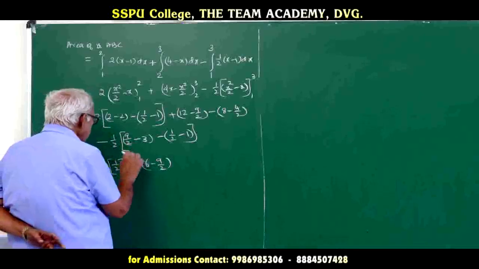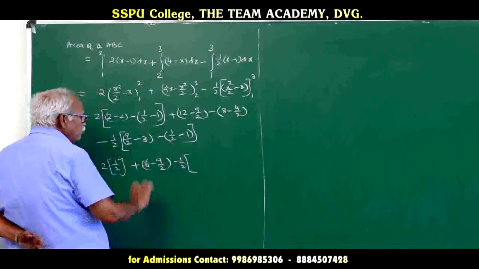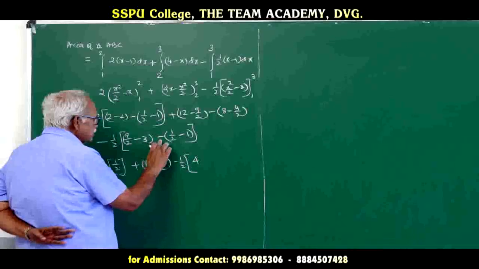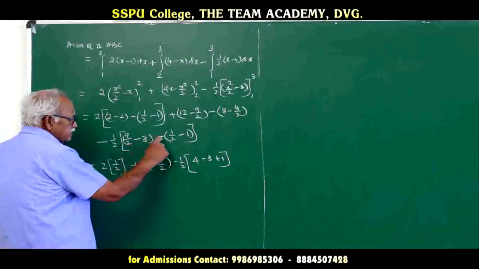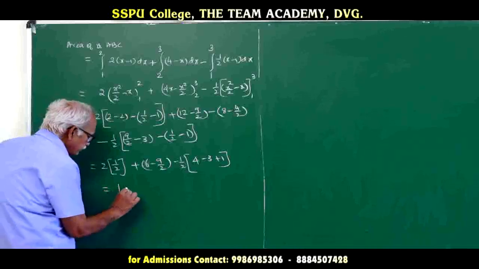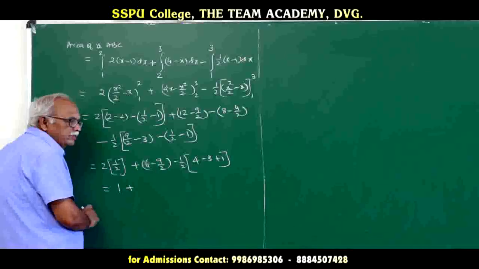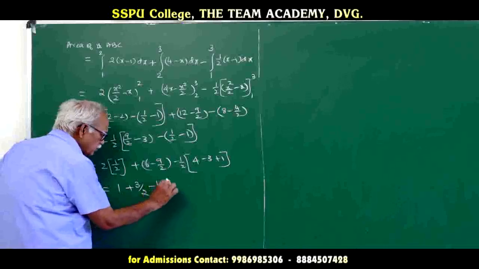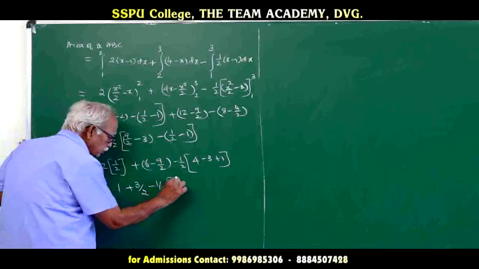Now, here minus 1 by 2 into 9 by 2 minus 1 by 2, that is 8 by 2, that is 4, minus 3 plus 1. This is minus 3, here you get plus 1. Now, let us take this 1 plus, what is 6 minus 9 by 2? 3 by 2 minus 1 by 2 into 4 minus 3, 1 plus 1, that is 2.